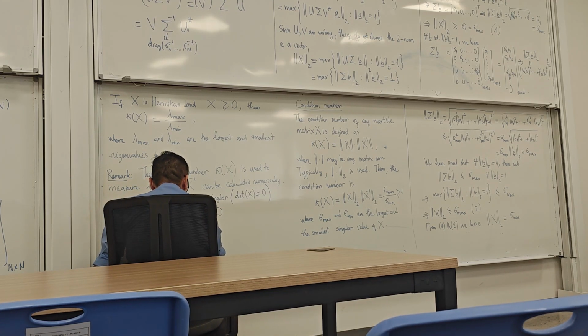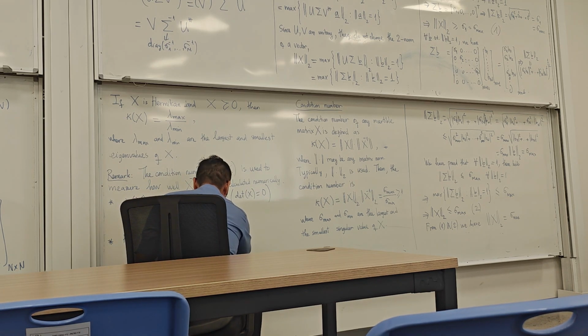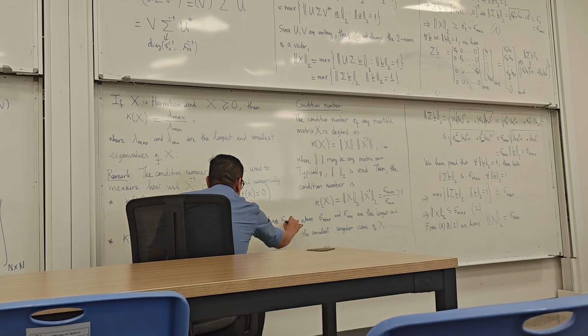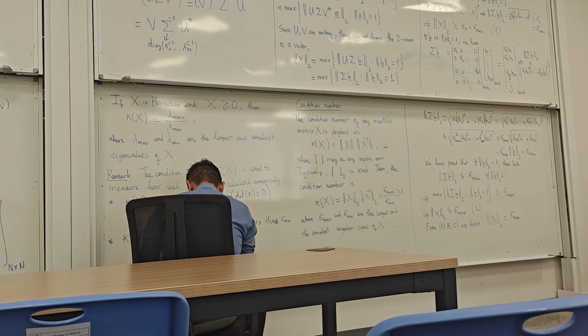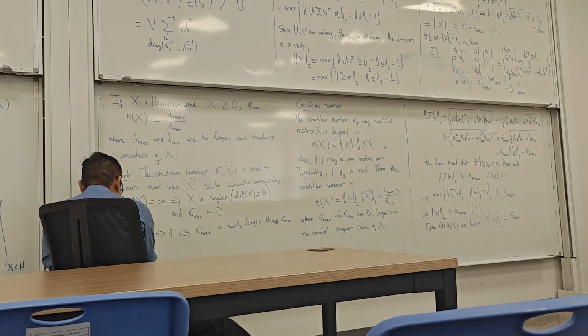That means the biggest singular value is much larger than sigma min. Okay, then in this case, x inverse exists.